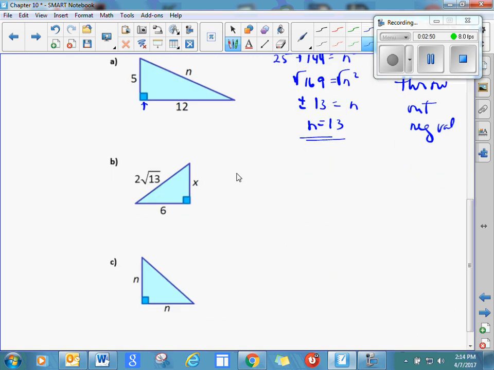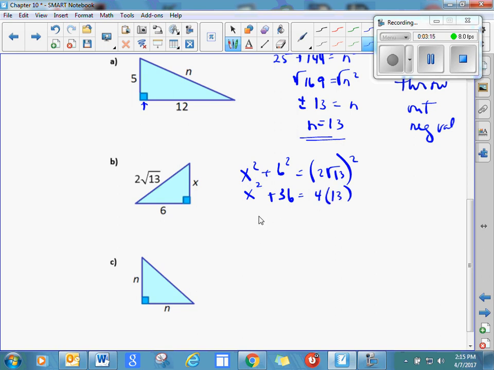We'll keep going here. Again, the legs squared, so one leg is x, the other is 6. The hypotenuse is 2 radical 13, squared. So when we work this out, we get x squared plus 36 equals, and you're going to square both terms. 2 squared is 4, the square root of 13 squared is 13.